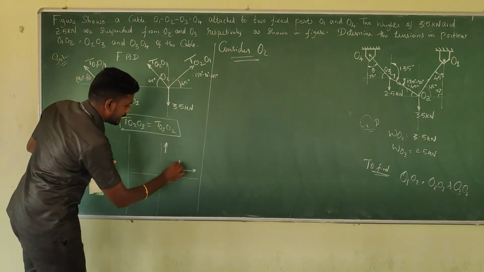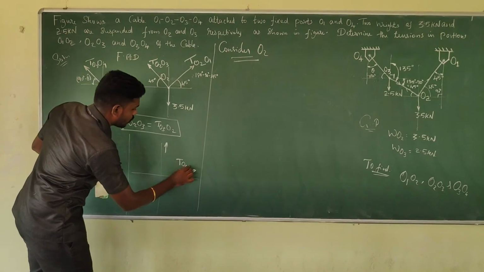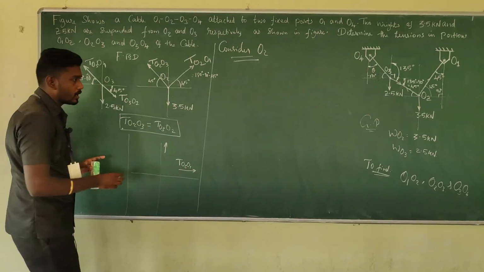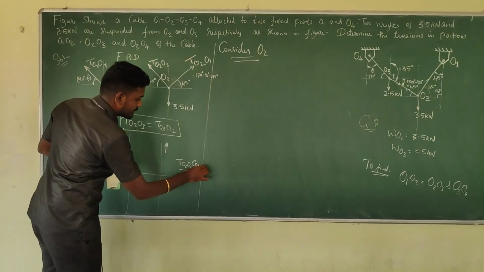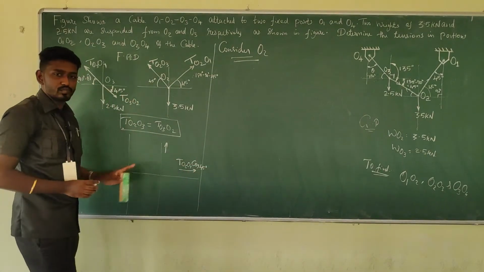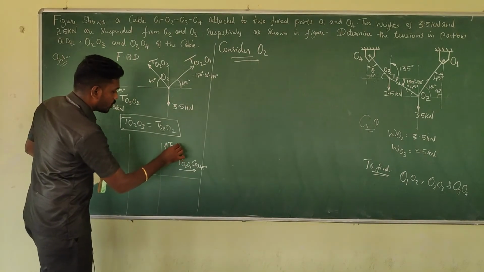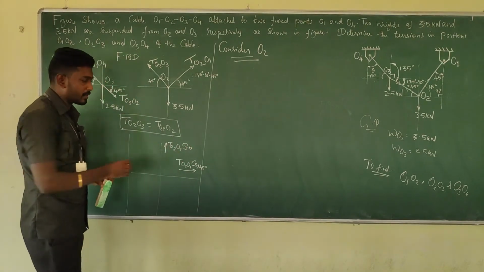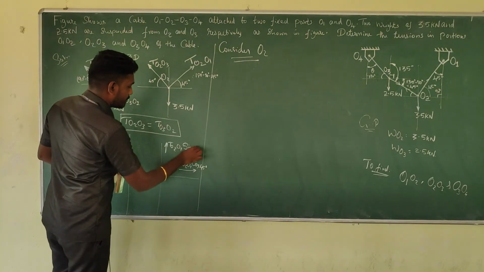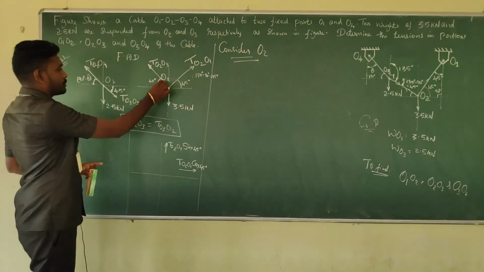So when you are designating the magnitude TO2, O1, it's cos 45 degree, since it is a horizontal, cos 45 degree. Here comes TO2, O1, sine, it's a vertical component, so sine 45 degree.